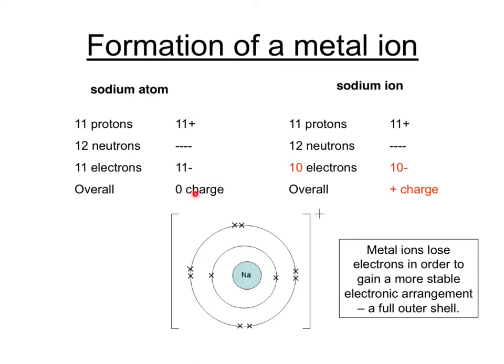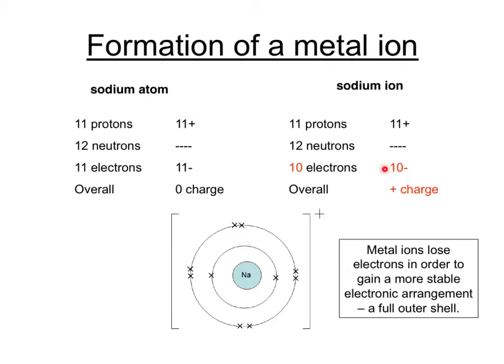But now, the sodium ion has lost an electron. It's still got 11 protons and 12 neutrons in the nucleus, but it's lost one of its electrons. It's gone down to 10 electrons, and therefore only has 10 minus charges, which don't balance up the 11 plus charges of the protons. That leaves 1 plus left over, and therefore this has got a 1 plus charge.